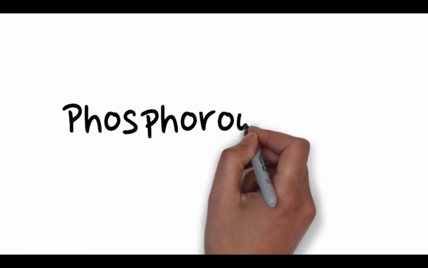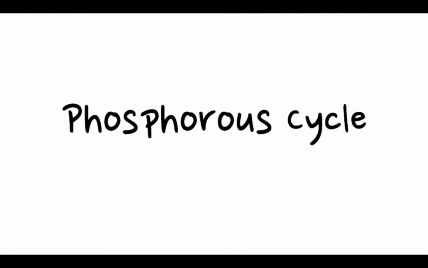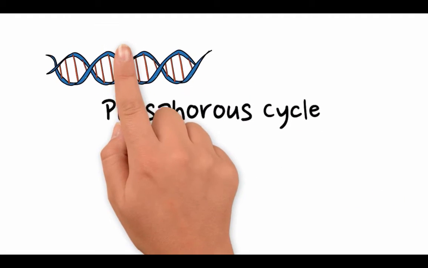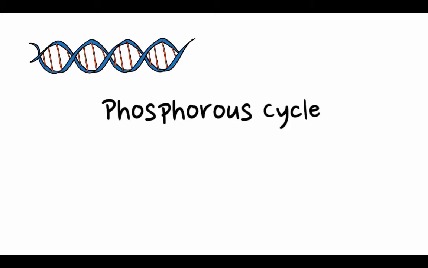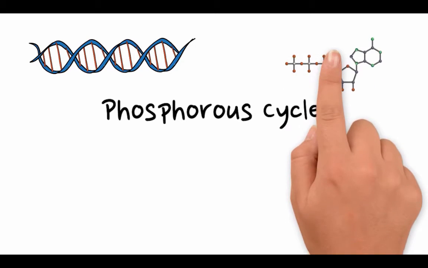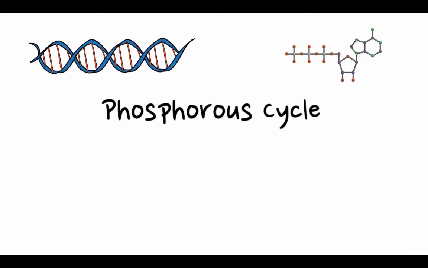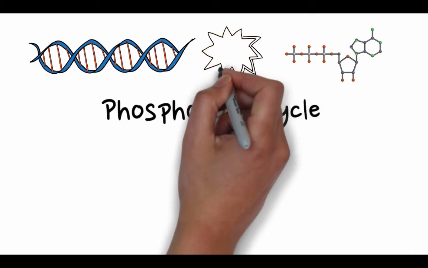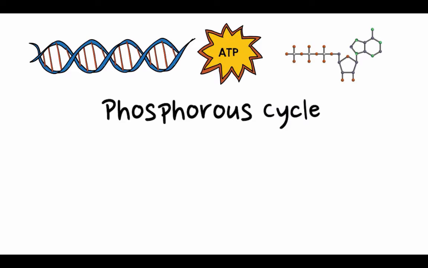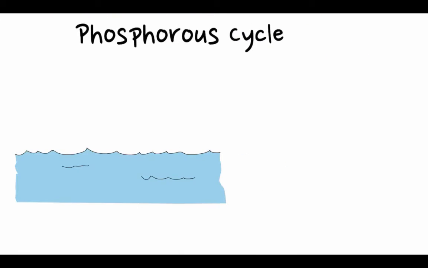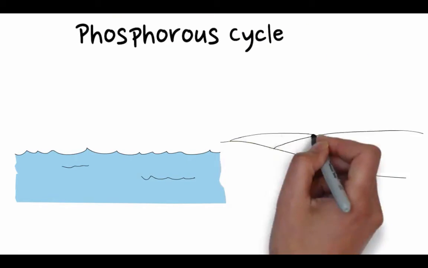The final cycle we're going to study is the phosphorus cycle. Phosphorus is found in all nucleic acids and ATP. The primary form we see phosphorus in cells is phosphate.